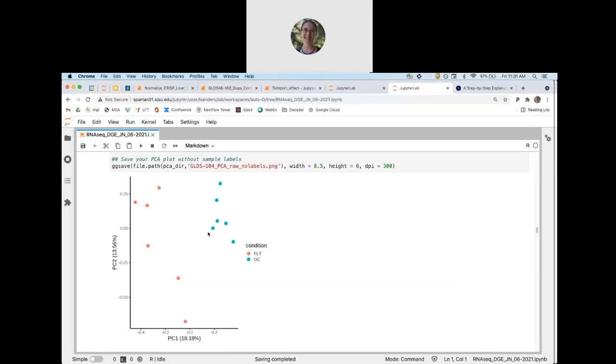So this is a nice result for someone who is interested in the difference between flight and ground control. Now, as Eowyn pointed out, there's a big spread in the flight samples. That, we say, is the separation along the second principal component, which explains 13% of the variance in the data. So the spread within conditions is being captured by the second principal component.